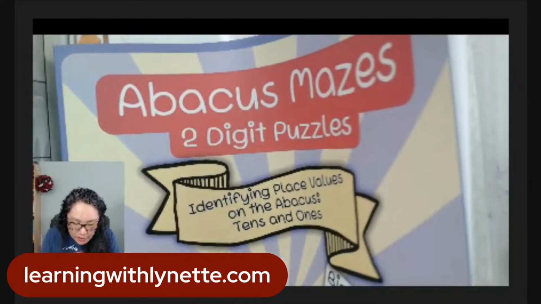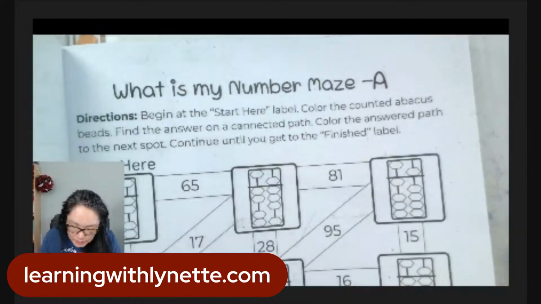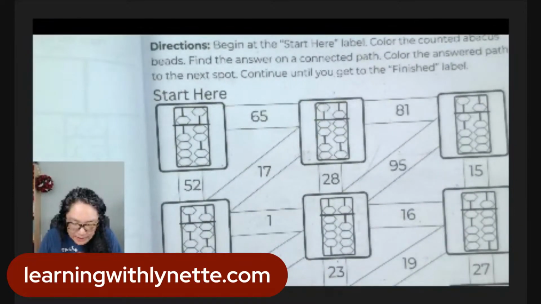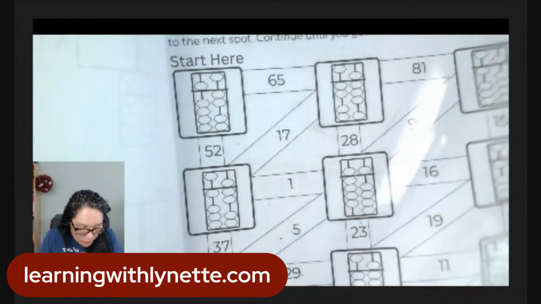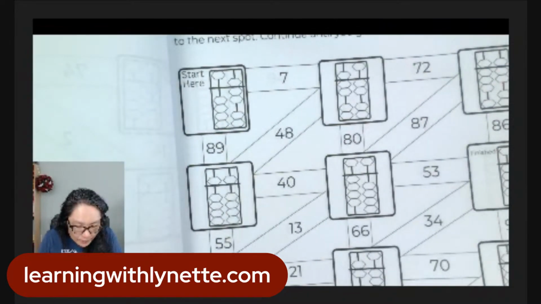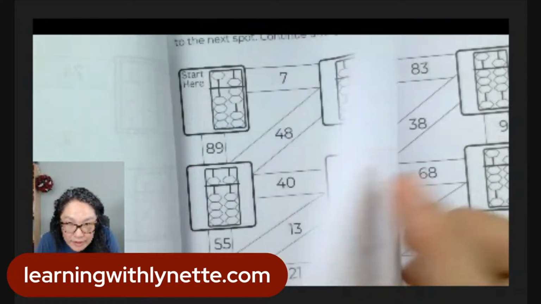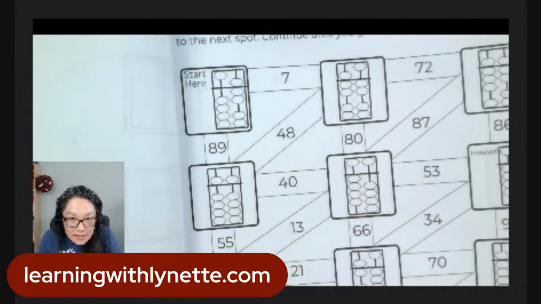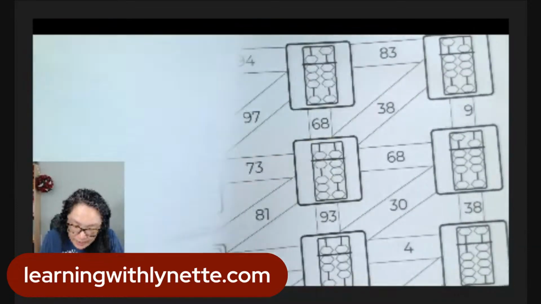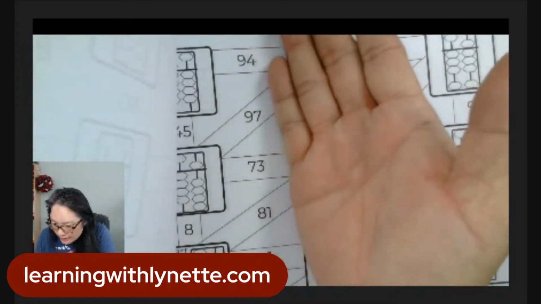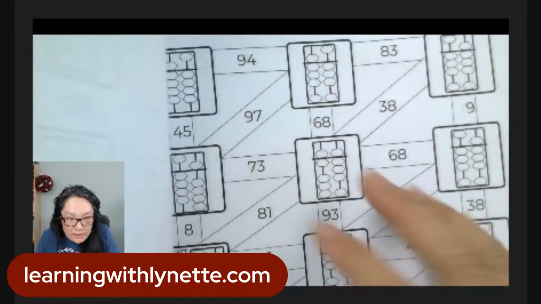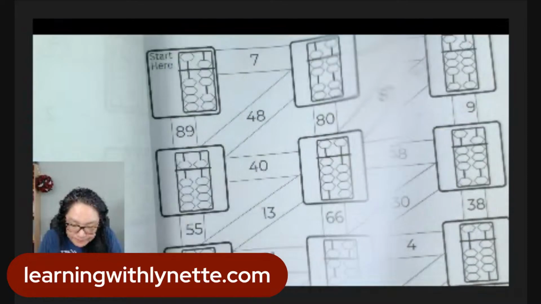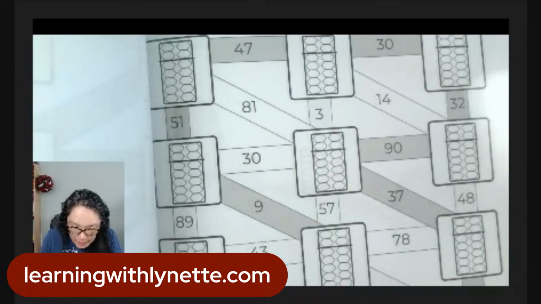There are about 36 puzzles, and they're only one-sided, because I'm not sure what they're going to use to color it in, and if you're using marker, it's going to bleed through. You can put a sheet between pages so it doesn't bleed to the other one. And then we showed you how to do the reverse maze.